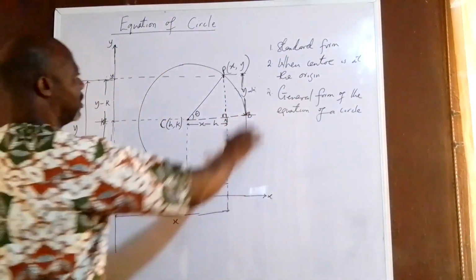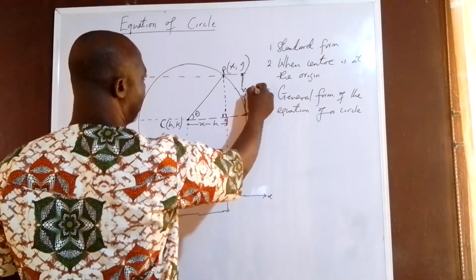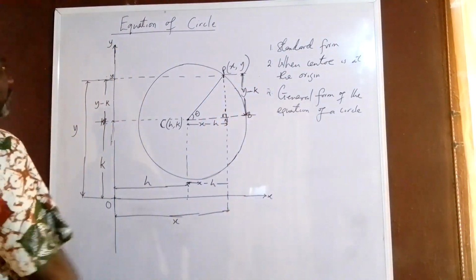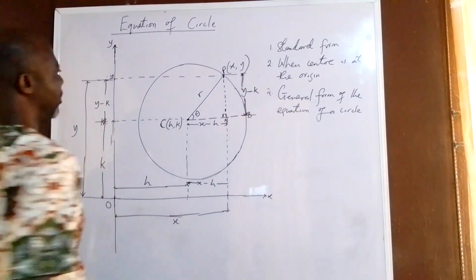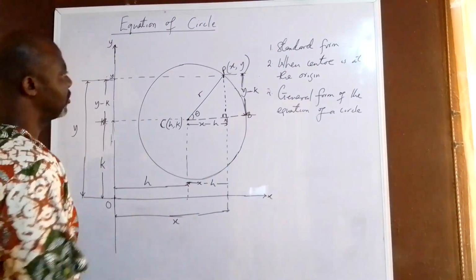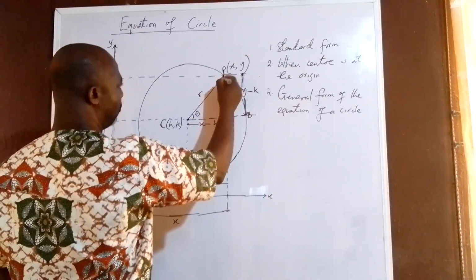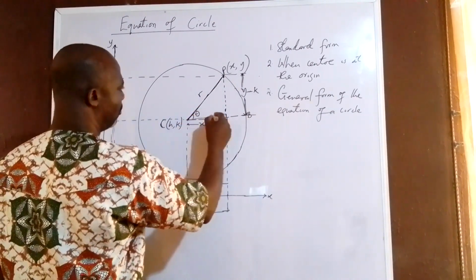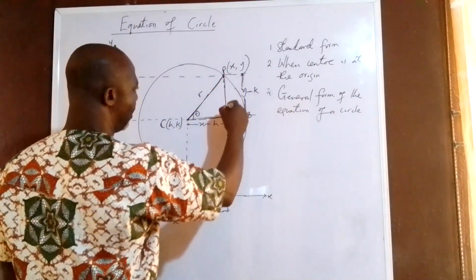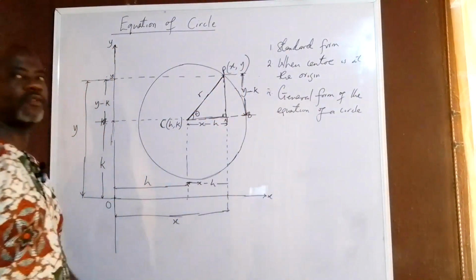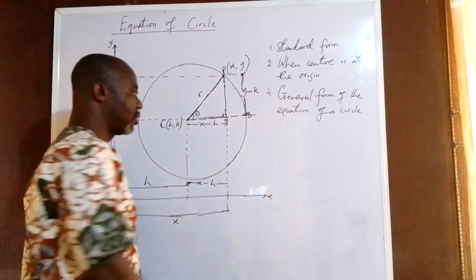Good. And then of course, these are radius. So I'm going to bring out this triangle, and then we derive the equation of this circle using two methods.